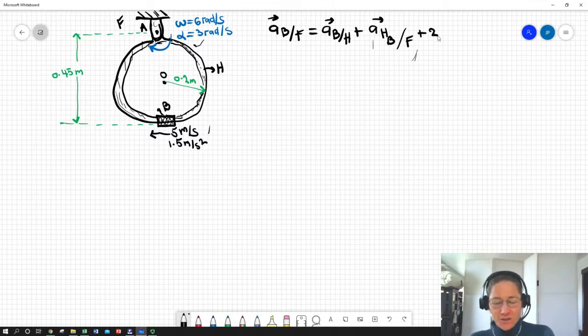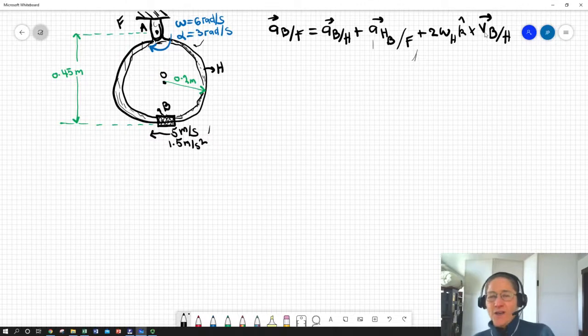Plus 2 times the angular velocity of H, which of course, given that we're in rigid body planar motion, is going to be in the k-hat direction, crossed into the velocity of B with respect to H. You're going to hear "with respect to" a lot when we're talking about these multiple rigid bodies moving.